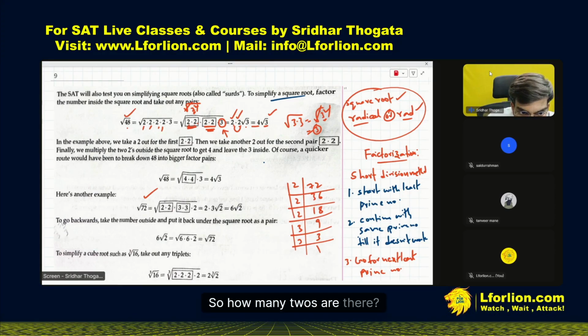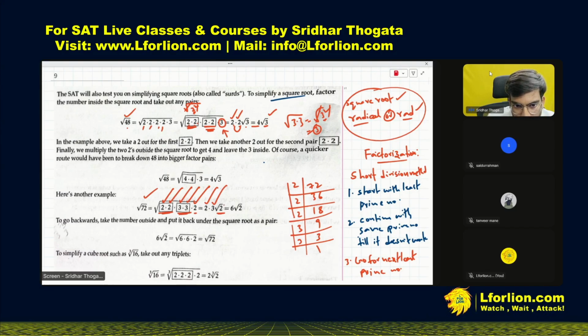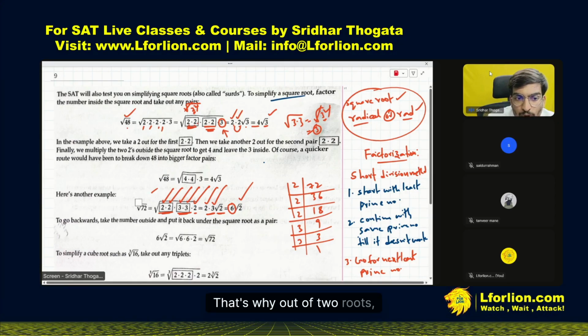So how many twos are there? 1, 2, 3. How many threes? 2 threes. Of 2 twos, 1 2 out. Of 2 threes, 1 3 out. 2 will be inside. So 2 3 6 root 2. So here this is square root. That's why out of 2 roots, 1 2 is getting out.